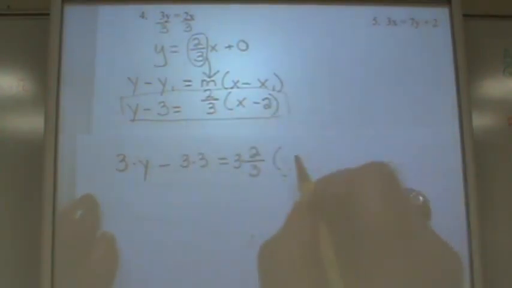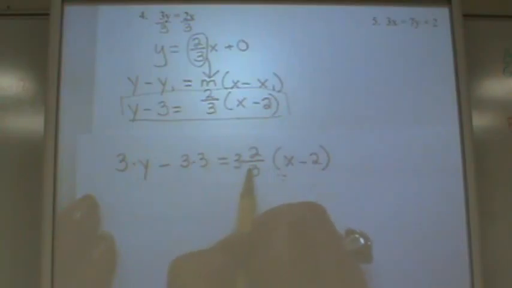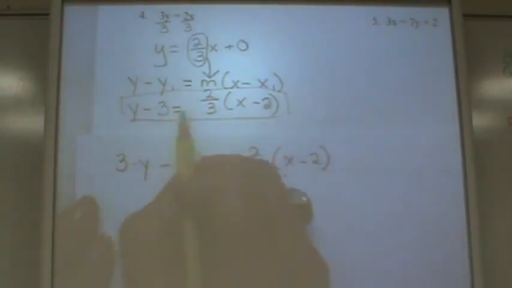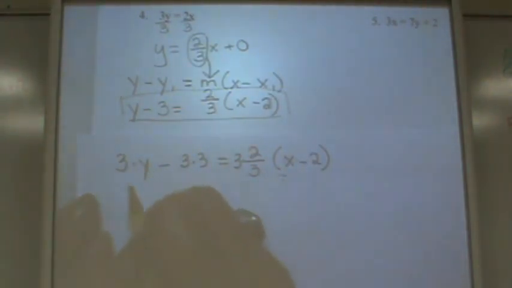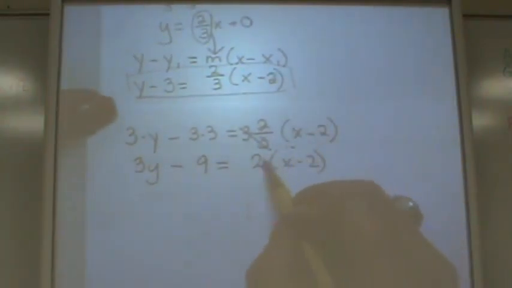So what you're doing is you're multiplying everything by 3 to get rid of this denominator. 3 here, 3 here, and 3 here. You don't have to multiply it in here, just 3 spots. So you end up getting 3y minus 9 equals, these 3's cancel, so you have 2 times x minus 2. Now you're going to distribute this 2, you get 2x minus 4.